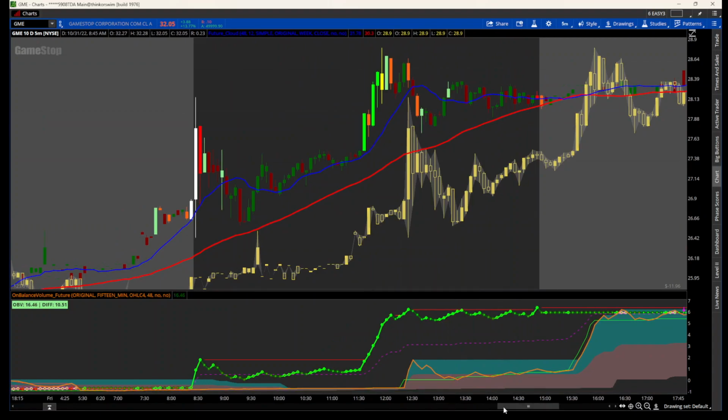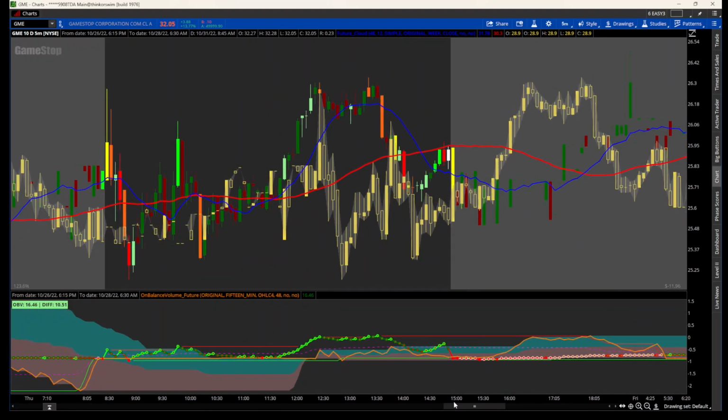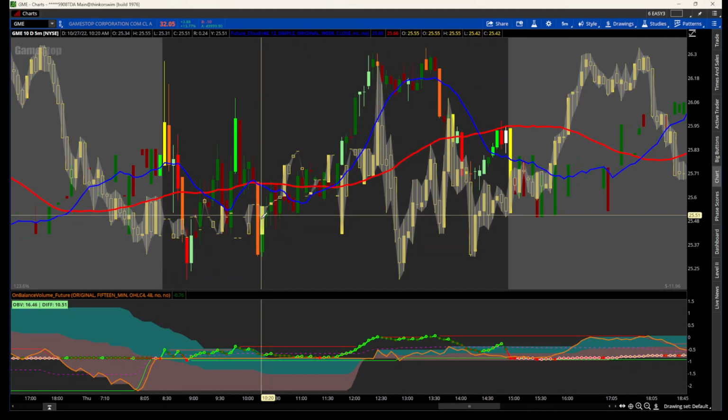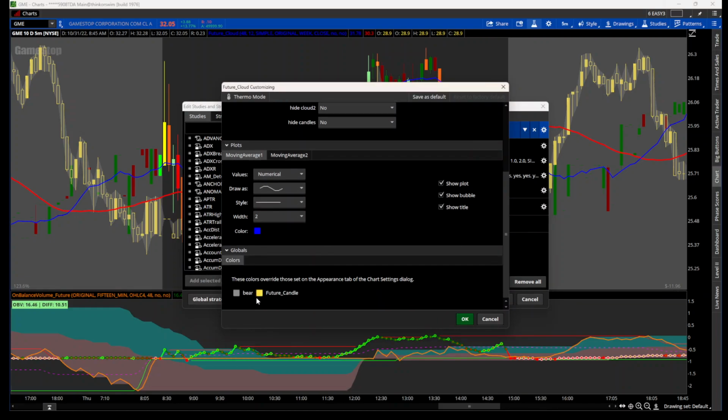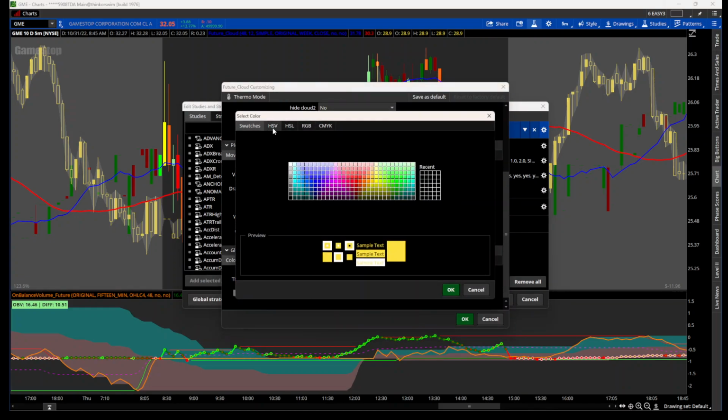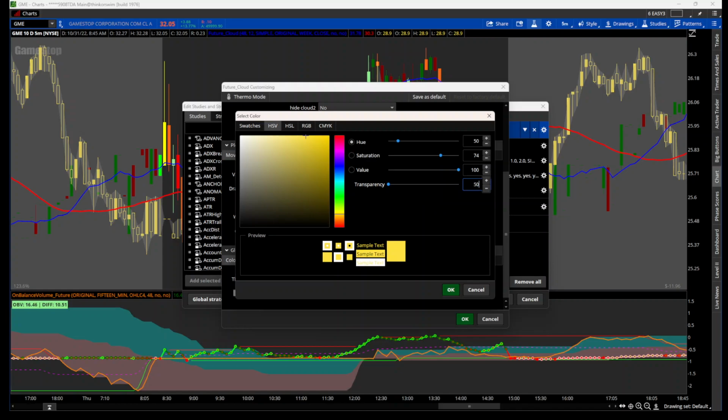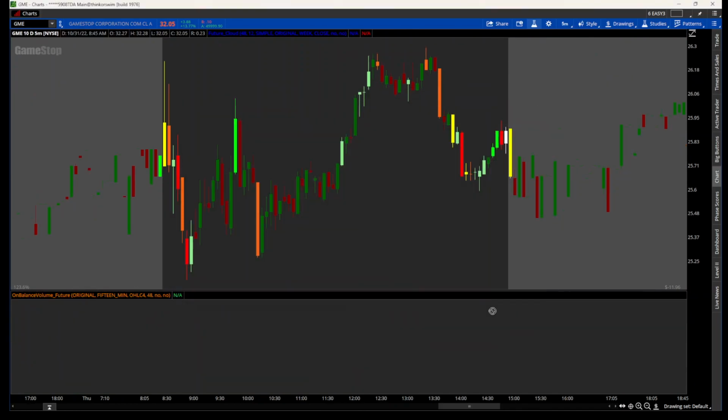But if you feel as though these candles are covering up the bars, like this one's covering up the bars, just go in and manually make those candles translucent or transparent.